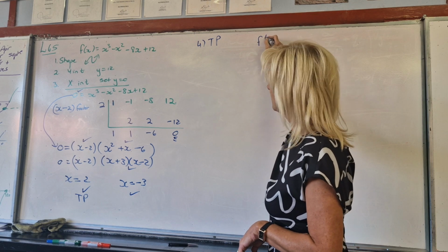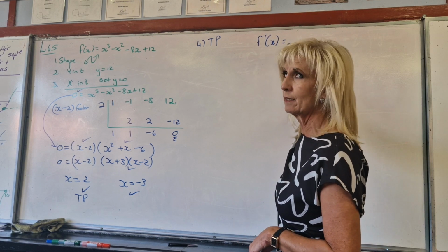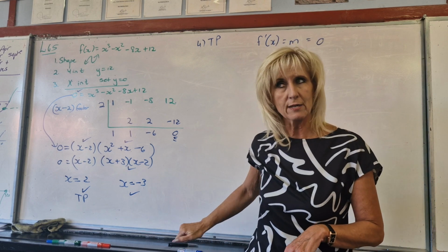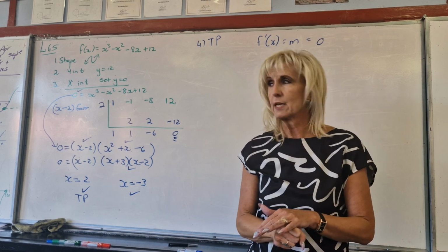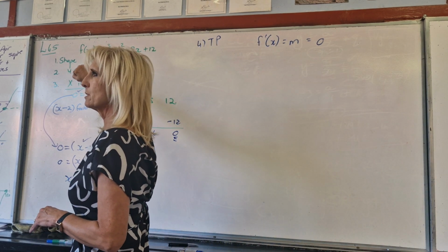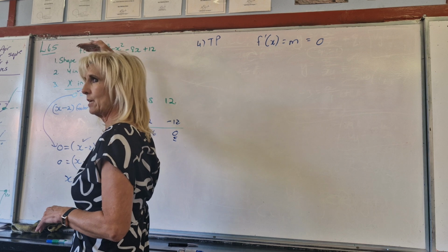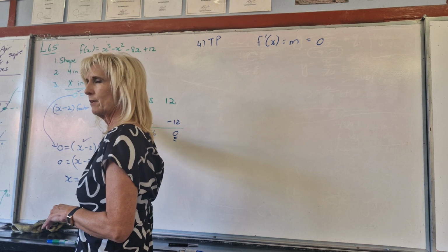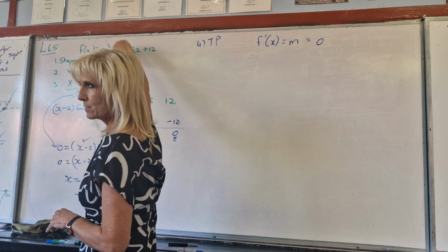Put the derivative, which is the gradient, equal to 0. It must make sense to you guys: derivative is gradient. So looking at any graph, the gradient would be positive, positive, less positive, less, less, 0. Then negative, a little bit negative, lots more negative, back to 0, positive again.